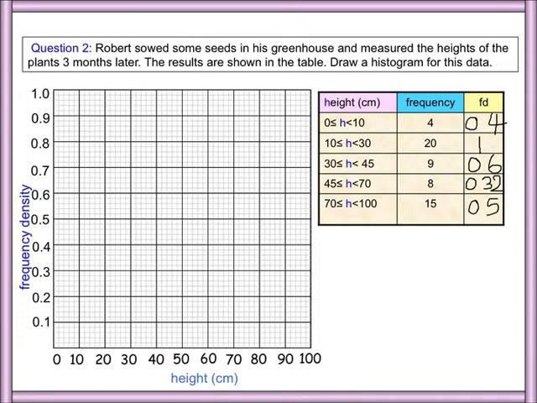So now I just need to get my fancy colours out and draw them on the histogram. You don't have to use fancy colours, by the way. So 0 to 10 goes up to 0.4. 10 to 30 needs to go up to 1. And 30 to 45 is 0.6.